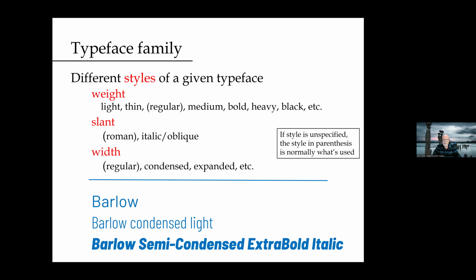So the names that you see there, light, thin, medium, heavy, black, and so forth, are not always available in all typefaces, and they're used a little bit intermixed. So what one type designer will call heavy, another might call black, and so forth. So they're not exact terms, but they are just sort of a stratum.